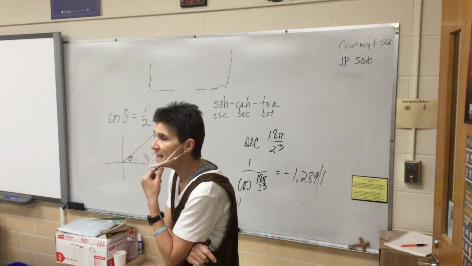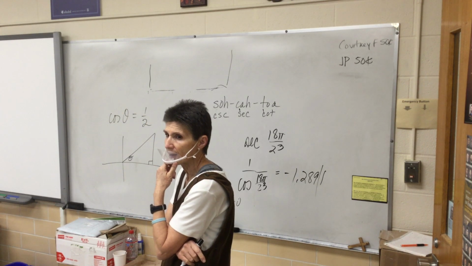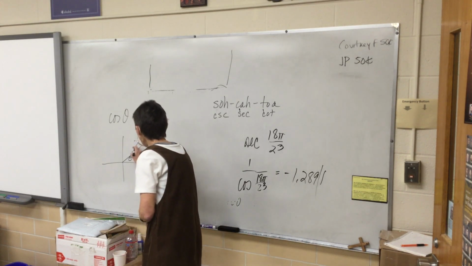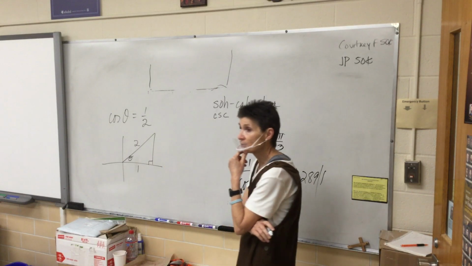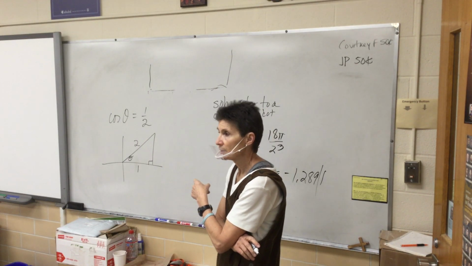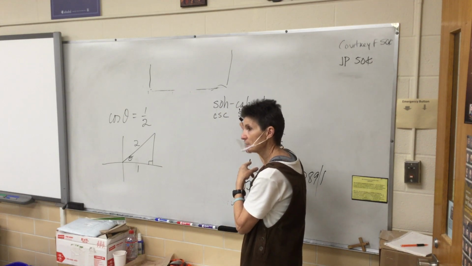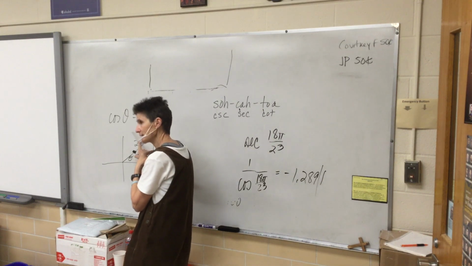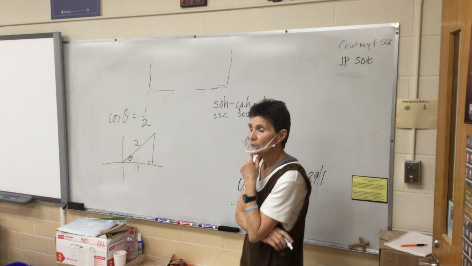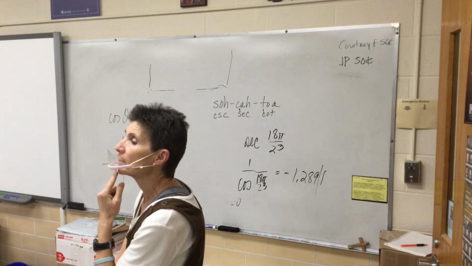What does that mean about this triangle if the cosine is 1/2? David? Exactly. Does that make sense to everybody? No. Cosine is adjacent over hypotenuse. This is the adjacent side, and that's the hypotenuse. Now, look at your special triangles there, guys. 30, 60, 90.